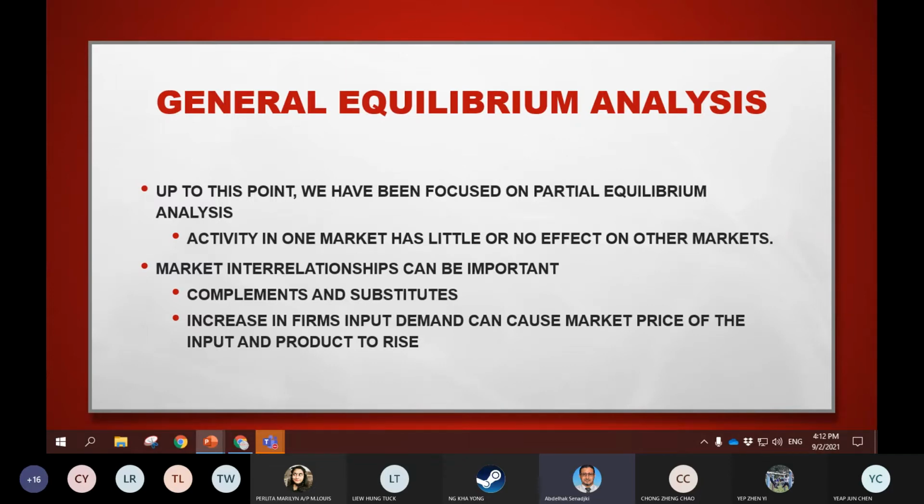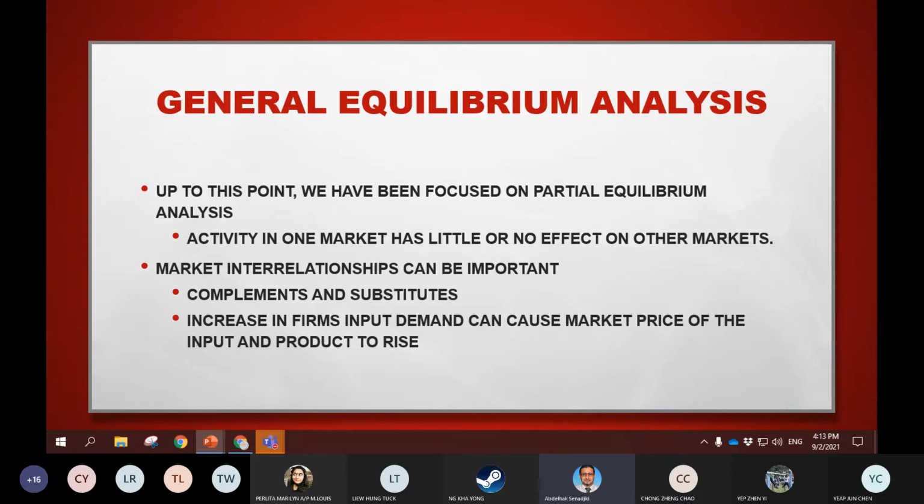This interaction exists because we have these complements and substitutes effects. Let's say I'm talking about the supply and demand of petrol. You may think that this is an energy market, but we also have a transportation market.